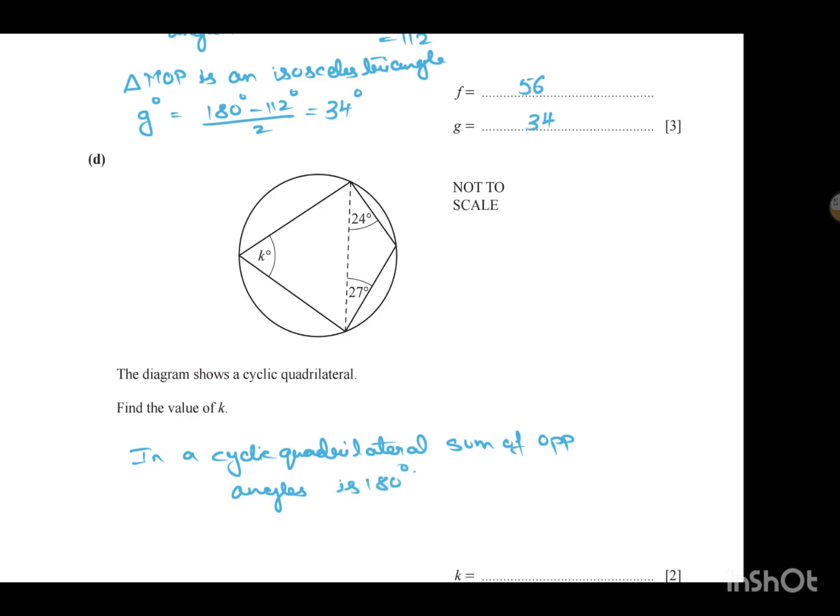Now we don't know K, and we also don't know the opposite angle of K. But we can find out this opposite angle by taking this triangle, where these two angles are given, so we can find out the third angle of the triangle. The third angle of the triangle is 180 minus the sum of the given angles.